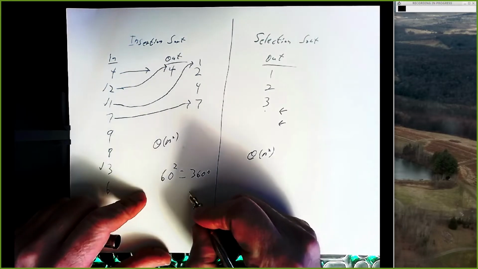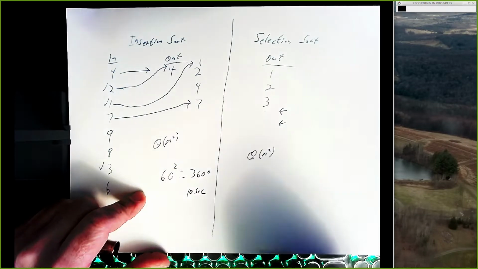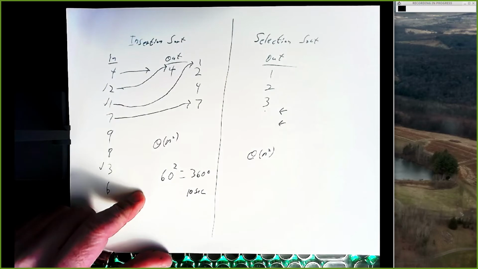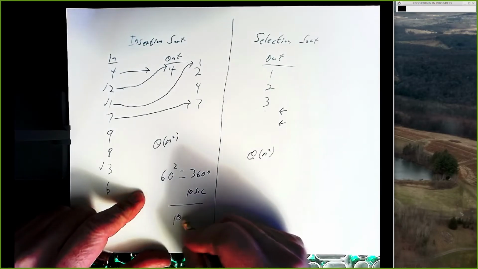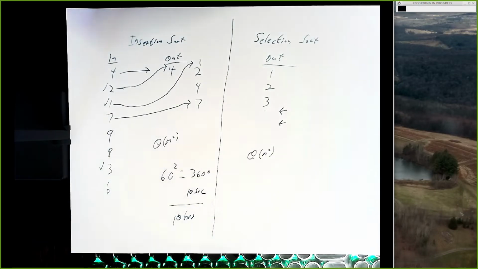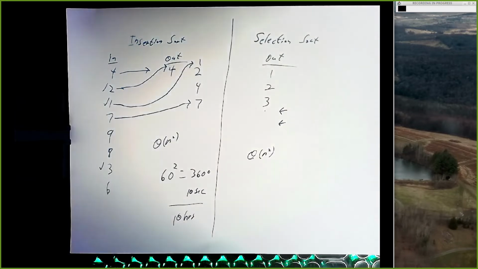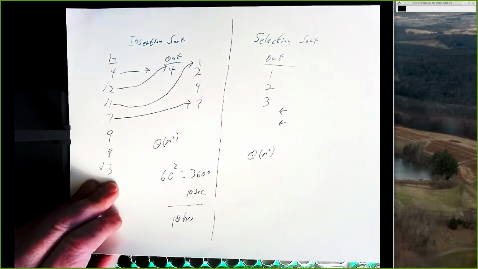And if it takes 10 seconds to pull one paper out and figure out where it goes in my output pile, that's 10 hours. So this is not an efficient sort. Because you got to grade 60 papers. You don't want to spend 10 hours just alphabetizing them so you can record the grades in Canvas. So we'd like to do better than this.